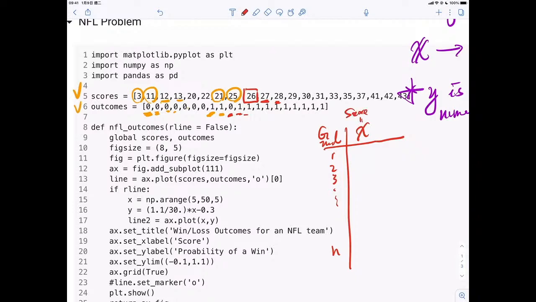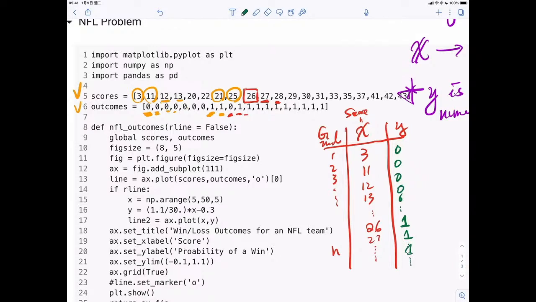Y, it's 3, 11, 12, 13, 26, 27. The Y means you win or you lose. So you lose, lose, lose, until this one, you win. You win again, and you win, so on and so forth.